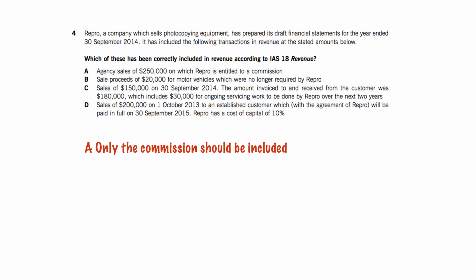B, sale proceeds for motor vehicles no longer required. Well, look, that's not going to be included in revenue. That will go into a disposal account for them to work out the profit or loss on the sale. C, sales of 150,000, invoiced and received from the customer 180, which includes 30,000 for ongoing servicing work.